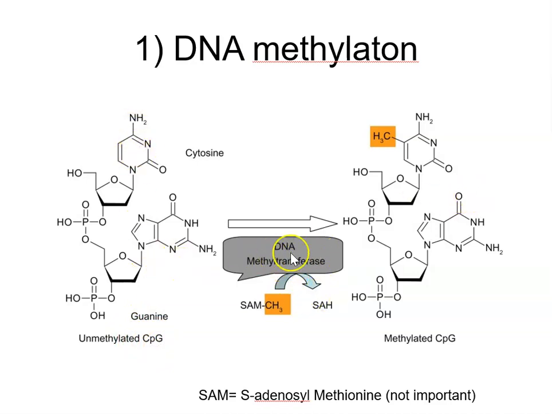Now using an enzyme called DNA methyltransferase, which is an enzyme which transfers methyls onto DNA, hence the name, it takes a methyl from this chemical, it doesn't really matter what this is, it's just a small molecule which is highly reactive and donates methyl groups. DNA methyltransferase takes a methyl from this and puts it onto this position here.